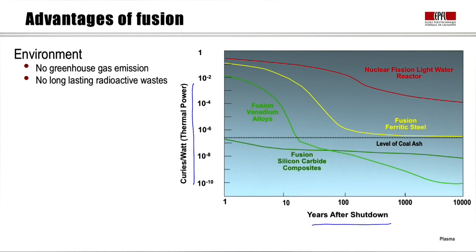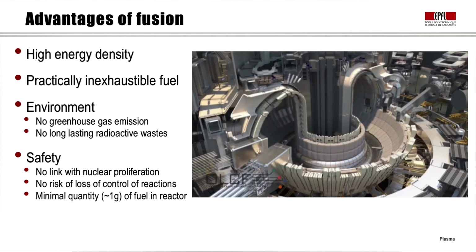If we go for more advanced materials such as vanadium alloys or silicon carbide composites for fusion, that level is reached after only very few years, or even from the very beginning in the case of silicon carbide composite. So we have seen that fusion has a huge energy density, that its fuels are practically inexhaustible, and that fusion has no bad effect on the environment.